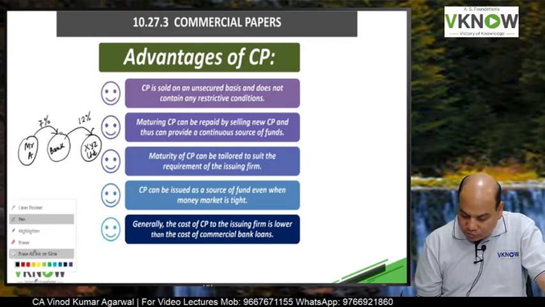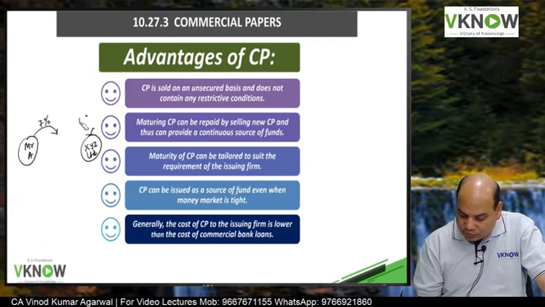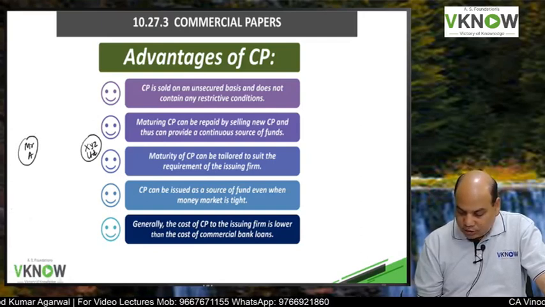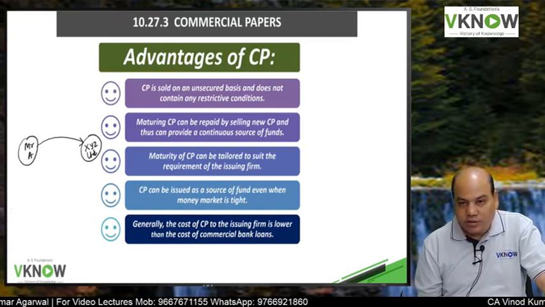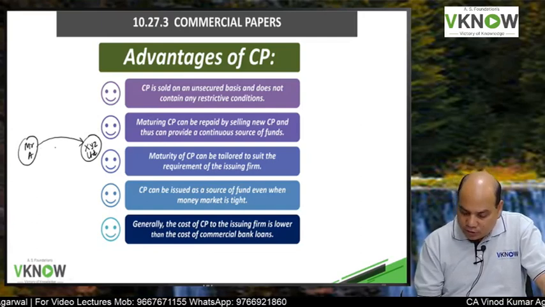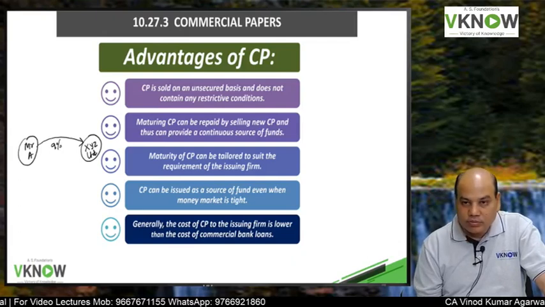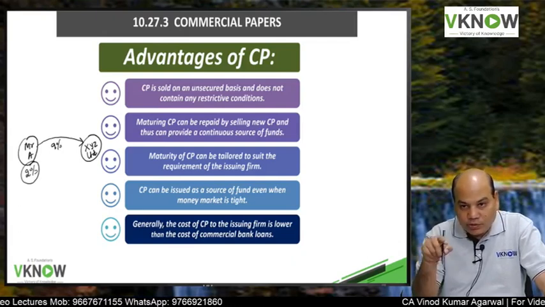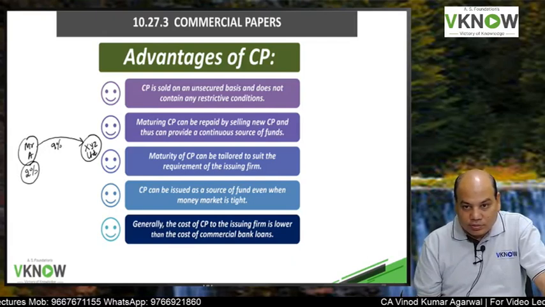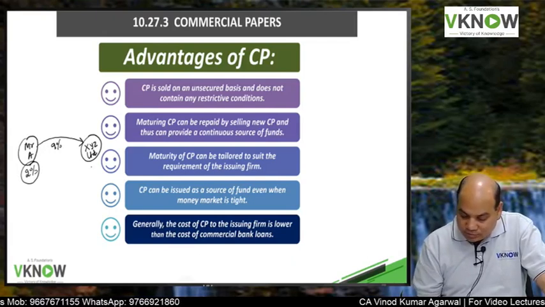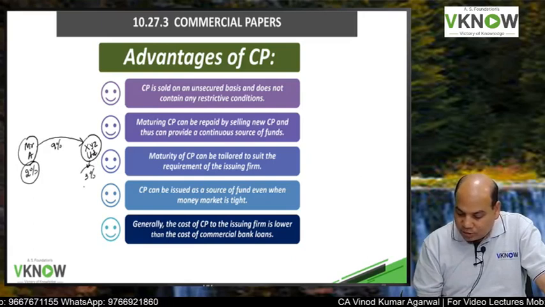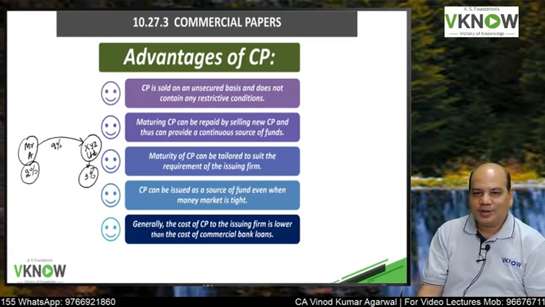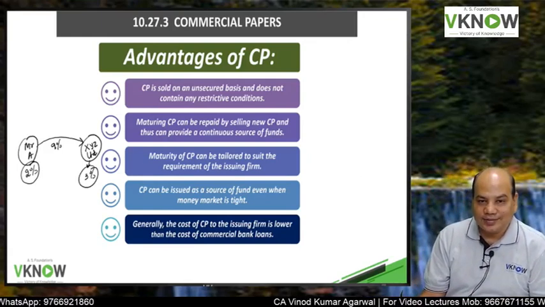But then XYZ says, why do I need to involve the bank here? Directly they will approach the investor and say, we will give you 9%. So A will benefit by 2% because the bank was giving 7. XYZ is giving 9. XYZ will benefit by 3%. The bank was lending to XYZ at 12. Now it is able to borrow at 9.